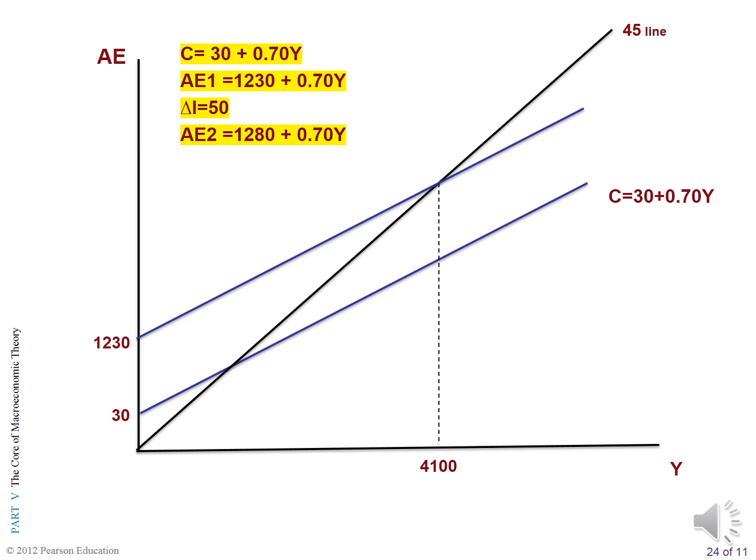Okay, this is the first equilibrium 4100. وبعدين ايه اللي حصل؟ investment increases by 50. investment is autonomous. هتعمل ايه؟ an increase in aggregate expenditure function upward by the value of the increase of investment. يعني ال aggregate expenditure function will shift upward by 50. فهتبتدي تبقى كام؟ 1280، هتزيد ب 50، shift upward by 50 with the same slope اللي هو ال marginal propensity to consume.